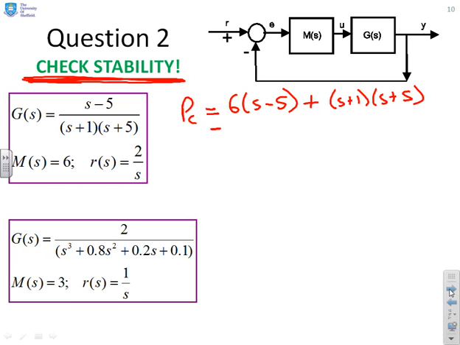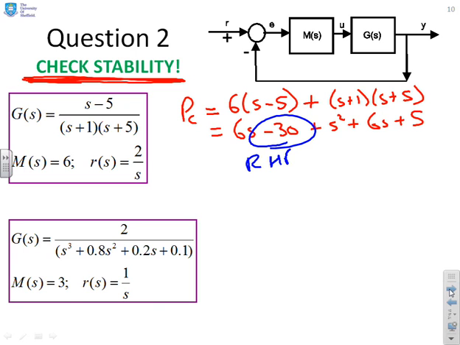If I multiply that out, you get 6s minus 30 plus s squared plus 6s plus 5, and what will jump out at you very, very quickly is this big minus sign. So this system includes right half plane poles. Therefore it's closed loop unstable, and there's no point talking about offset.